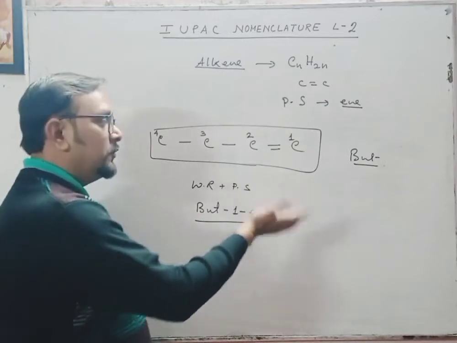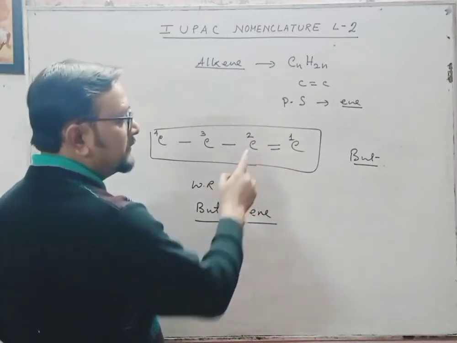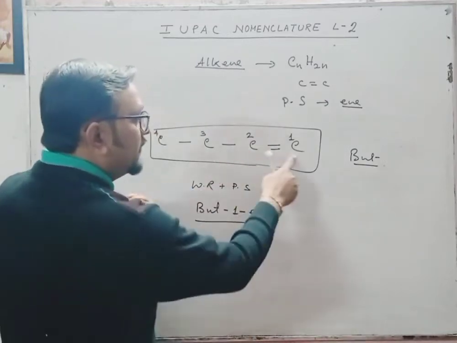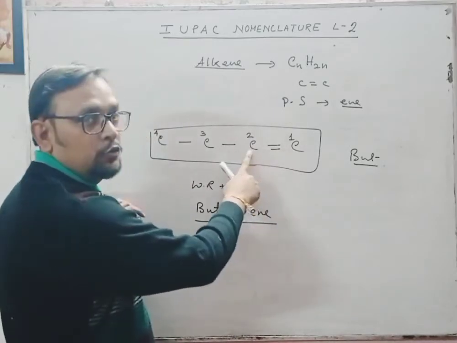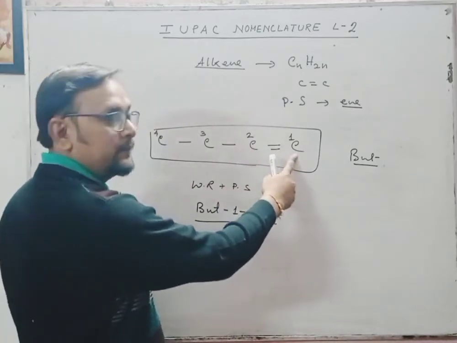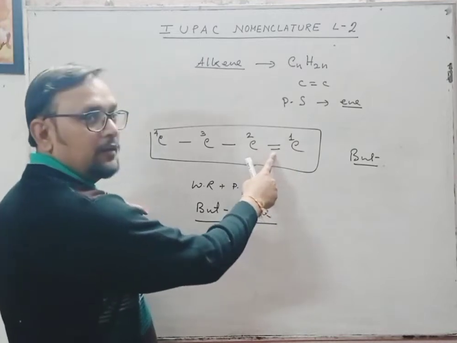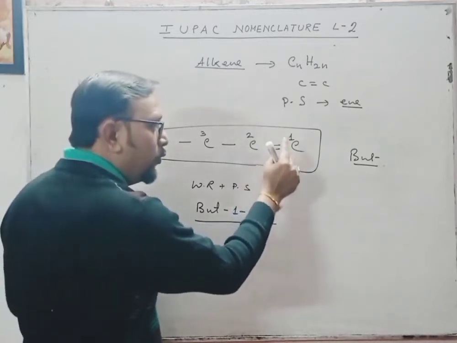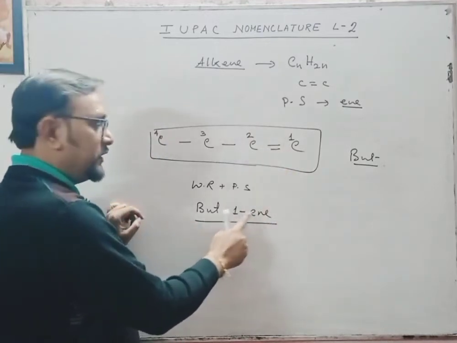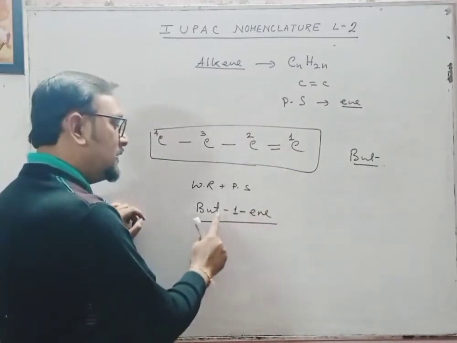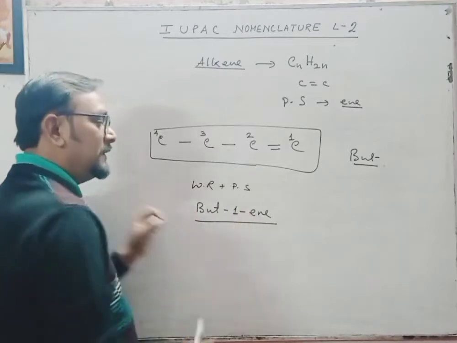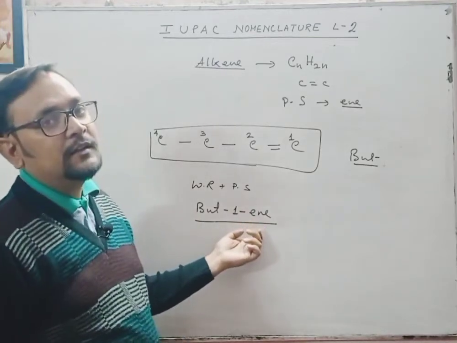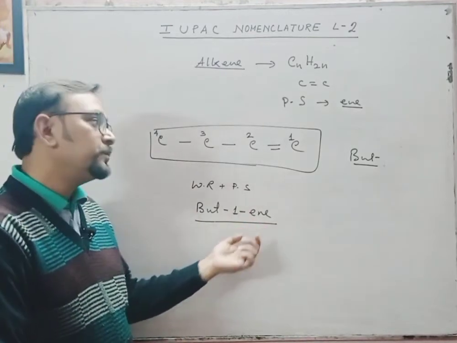Always give the double bond the minimum number. Don't make the mistake of taking this double bond as 2. No, always give the minimum number. So I have counted it in the first position, that is the terminal carbon. So 1 is the position of the double bond. So here but-1-ene shows that the double bond is present in the first position.